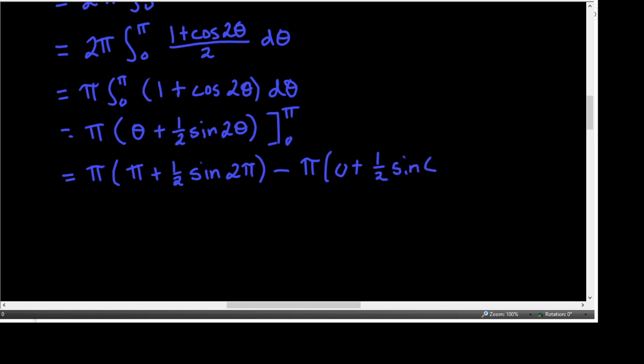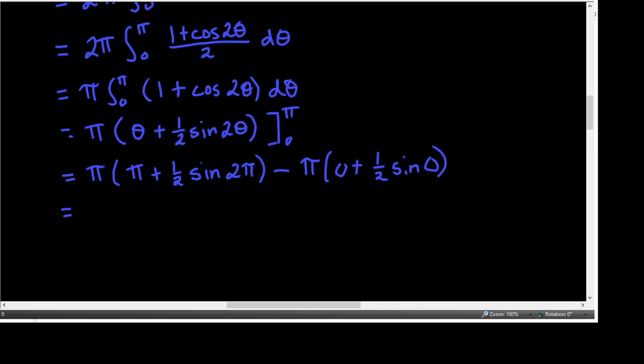Of course, 2 times 0 is 0. And simplifying this, let's start at the end. Sine of 0 is 0, so 0 plus 1/2 times 0 is 0. So that whole ending part is 0, and we didn't just ignore that.